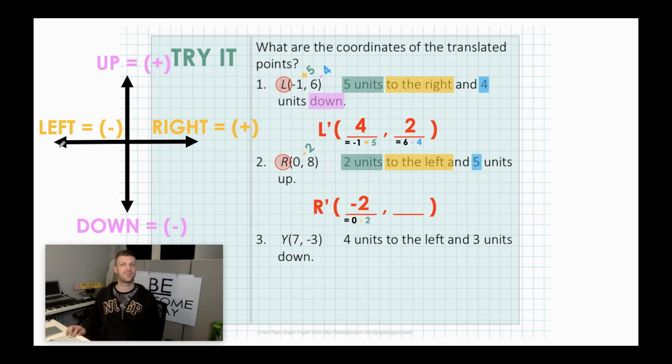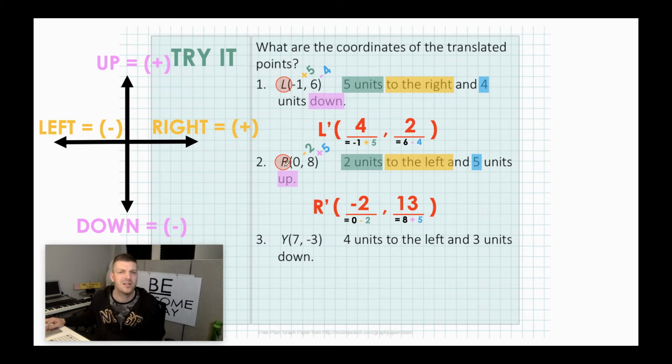Okay, and then the y direction, the y-axis, we're going to go 5 units up. Going in the up vertical direction brings us into the positives. So we're going to add the number of units that we're going up by, which is 5. So 8 plus 5 equals 13.